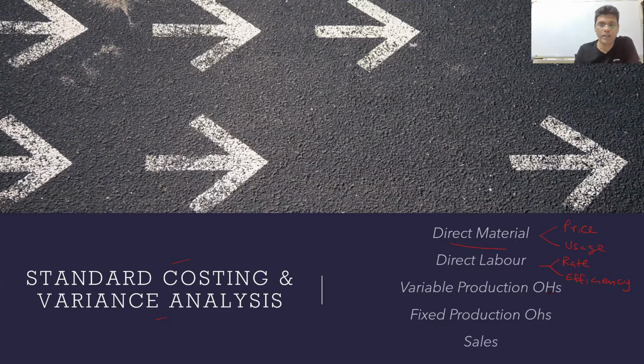Then we have variable production overheads. Under this also we have two types of variances, basically the expenditure variance and efficiency variance.